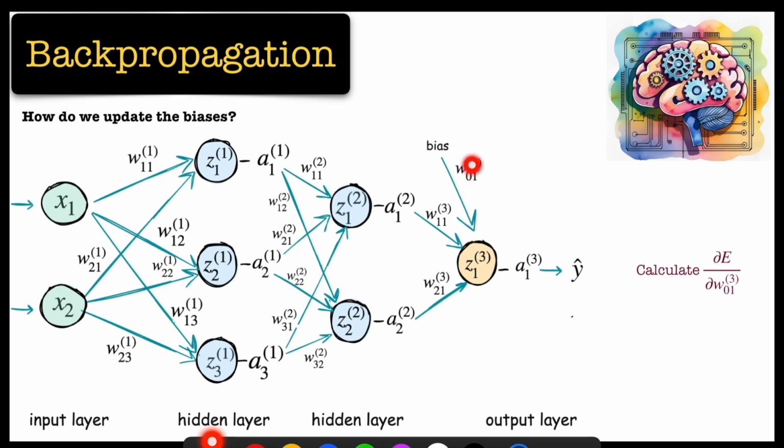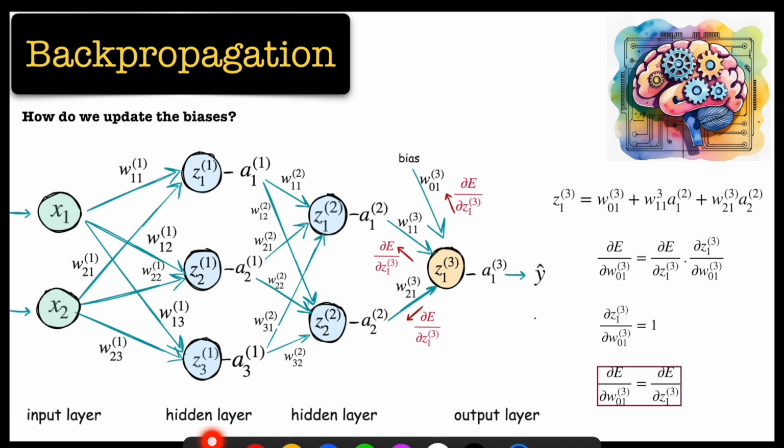Because these bias weights we also have to calculate. Z13 is the bias W013 plus W113 A12 plus W213 A22. What is del E del W013? W013 is here only, that we have to calculate.